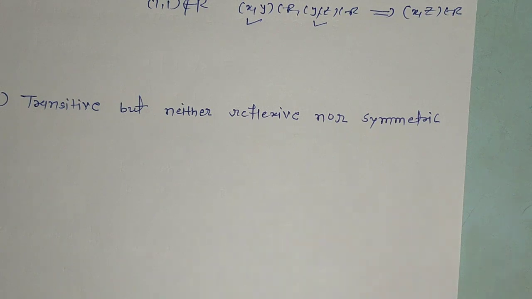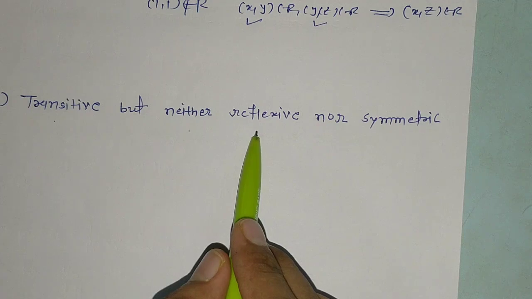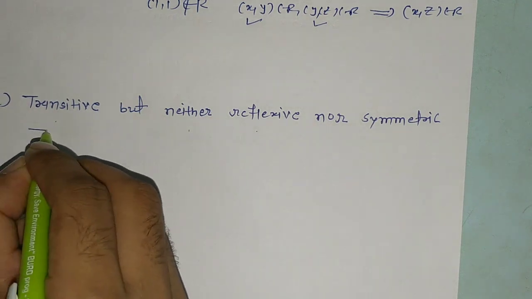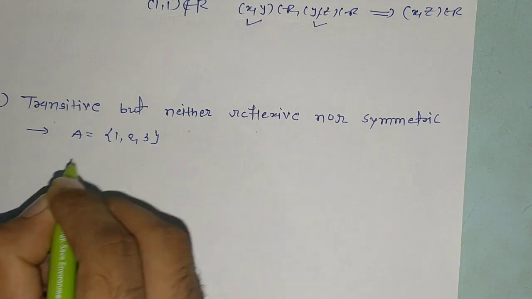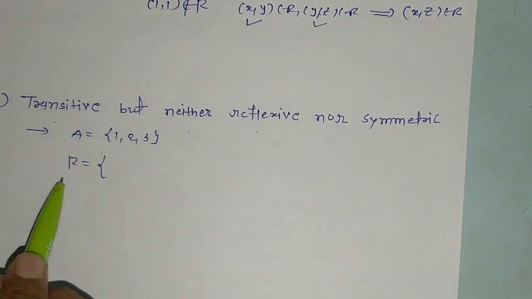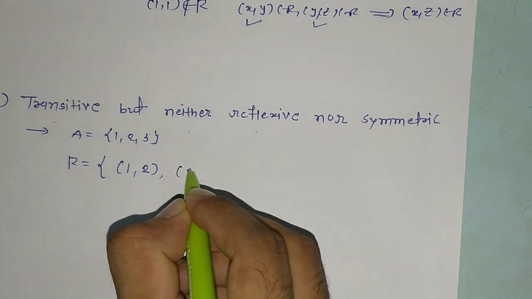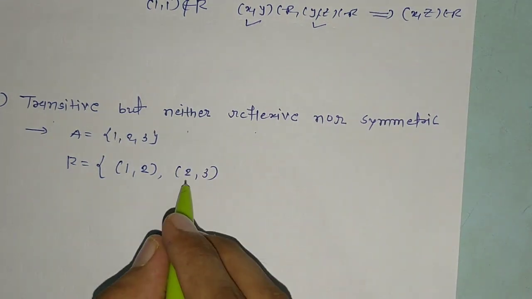The next question says that we have to form a relation which is transitive but neither reflexive nor symmetric. Let's go with the same set, A = {1, 2, 3}, and I am forming the relation according to the given condition. I have to form a relation which is only transitive, so I am taking the pairs (1, 2) and (2, 3).